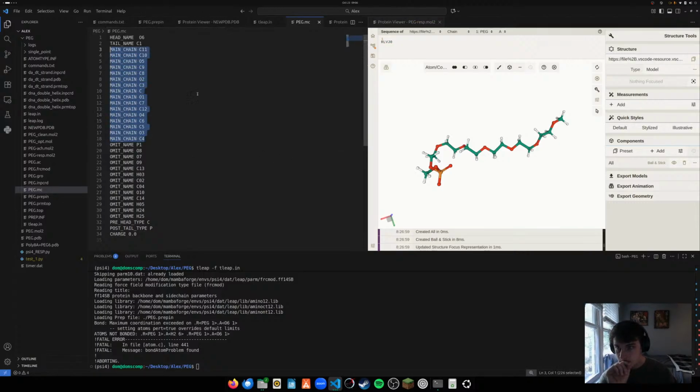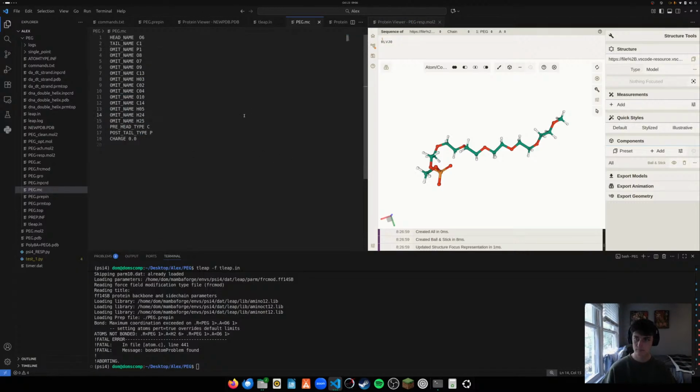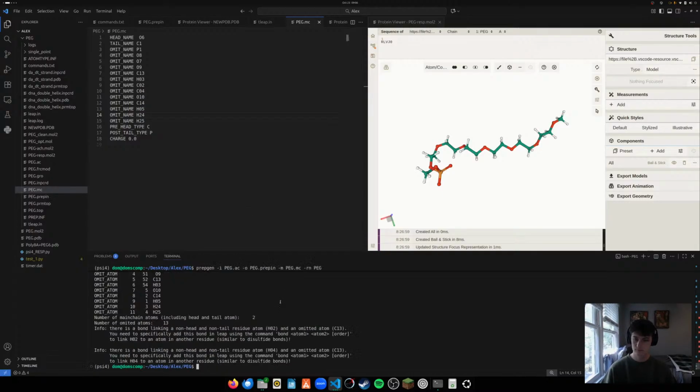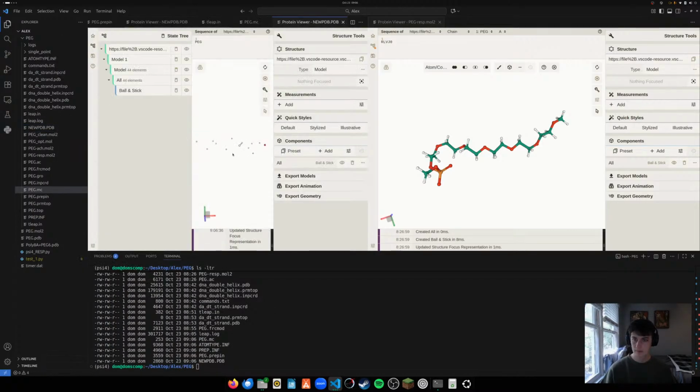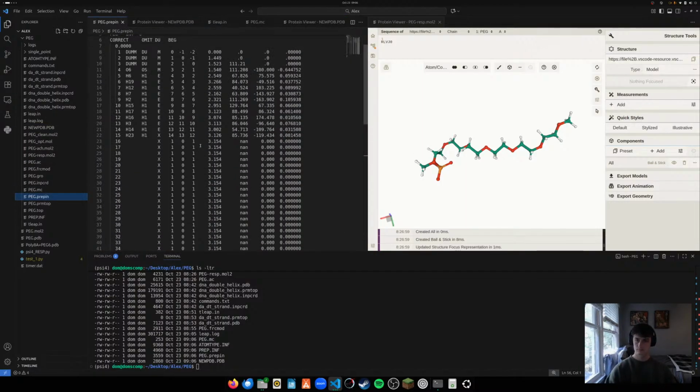And this creates a new PDB, right? Yeah. See, this is unusual right here. So that got rid of the X's.